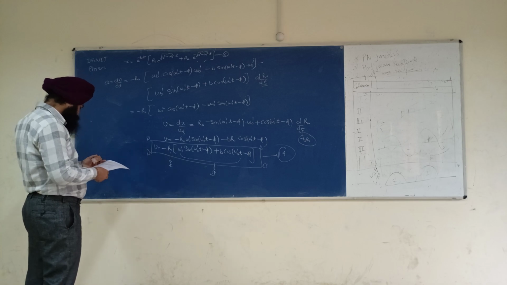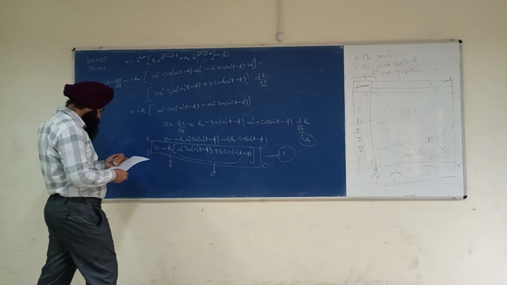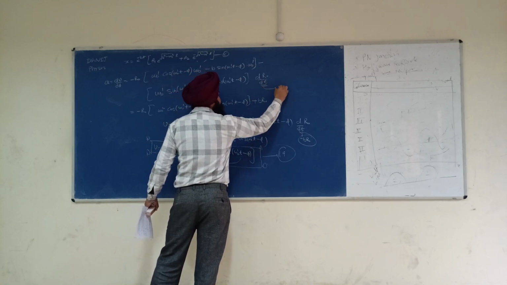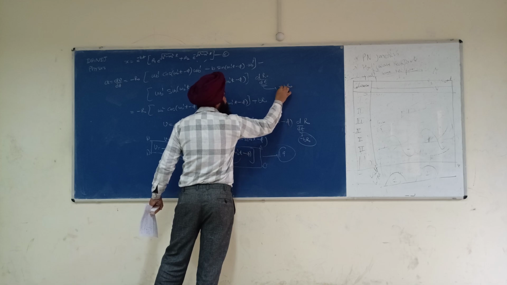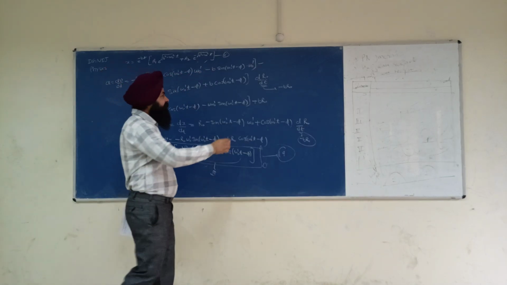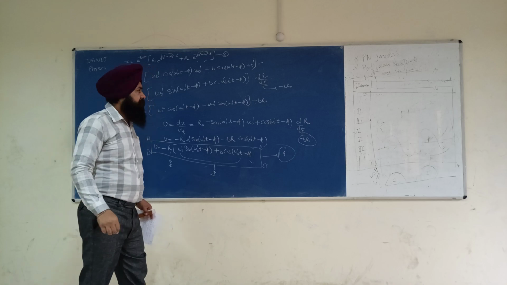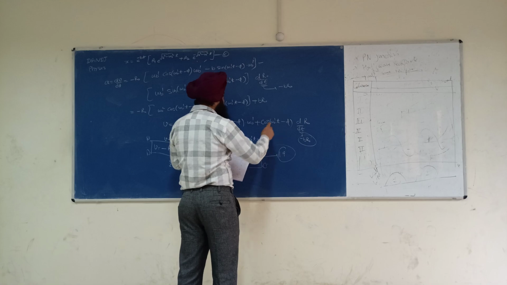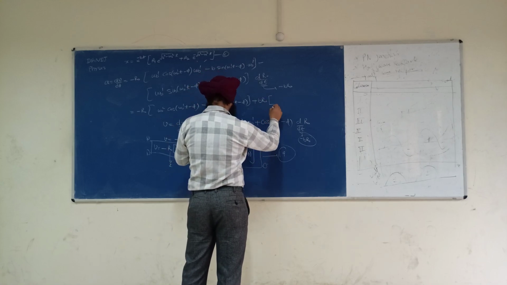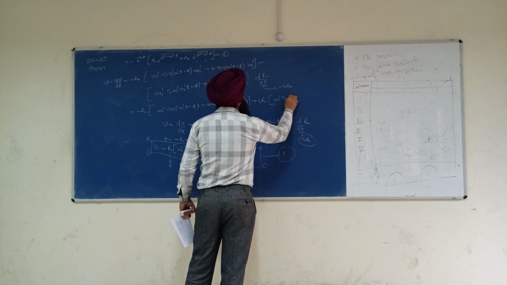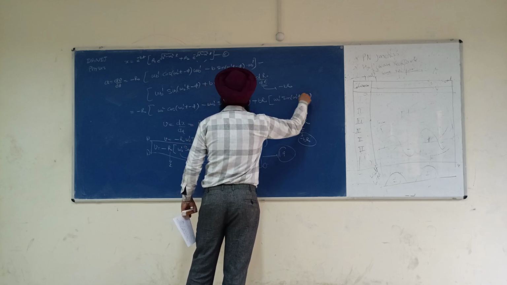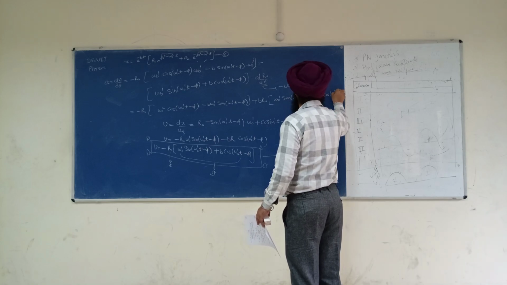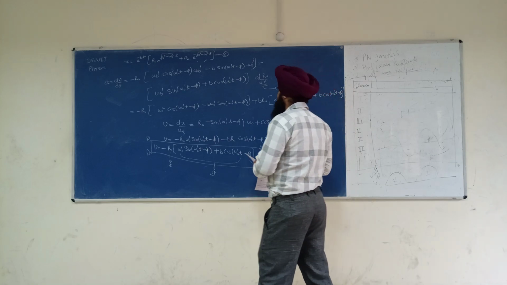Minus times minus becomes positive, so it becomes plus b r naught into omega naught prime sin of omega naught prime t minus phi plus b cos of omega naught prime t minus phi. Okay, can I have this?